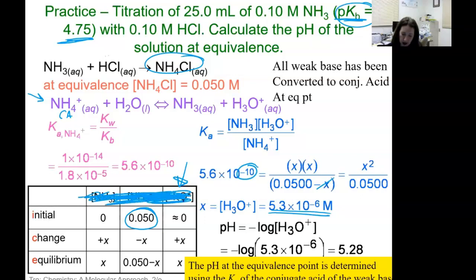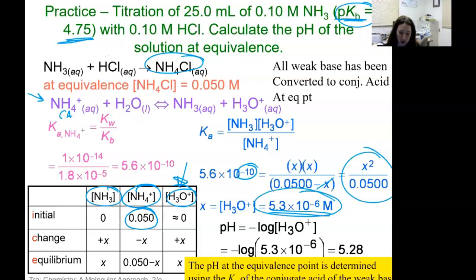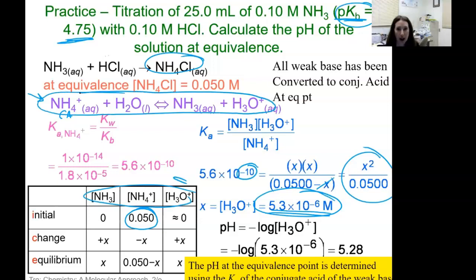I do not know how you keep track of what these things are if there's nothing written. I literally couldn't do it if I tried. You have to know what these are. Otherwise, you have absolutely no idea what we're solving for. I mean, how do you even make this? And how do you know what this is if you don't know what these are, right? And the only way you know what these are is because you understand how to write the reaction, right?